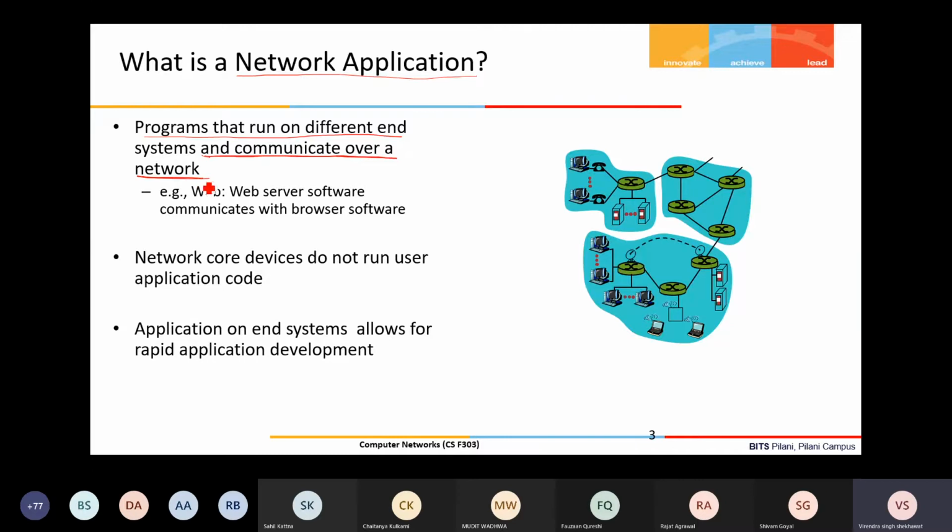The communication part is additional. What the application is doing, some computation, displaying something, or data processing, is the same as in a standalone application. The aspect in which it differs is the communication part, meaning the application can send and receive information over the network. Applications run primarily on the end systems only.